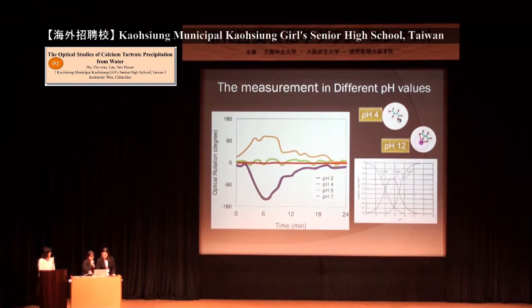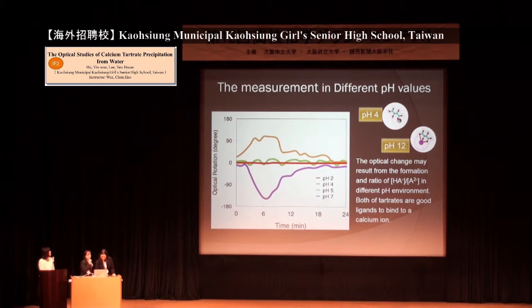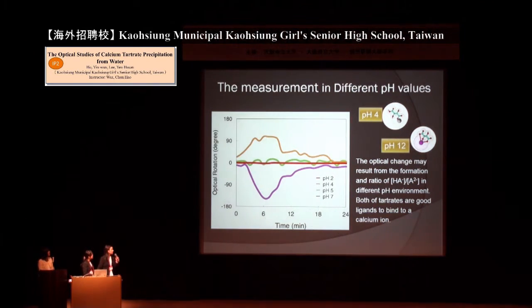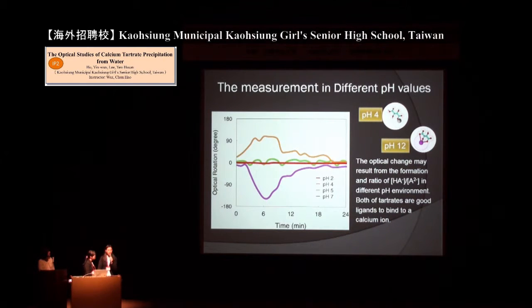We observe the optical rotation values every minute and record them. We record the values every 30 seconds at the beginning, but we think it's too close, so we changed it to 1 minute.